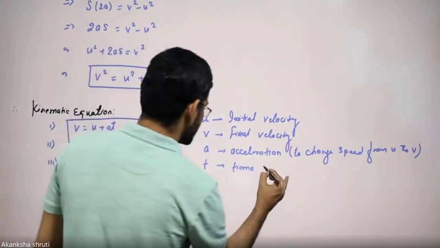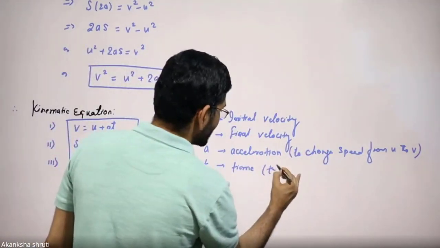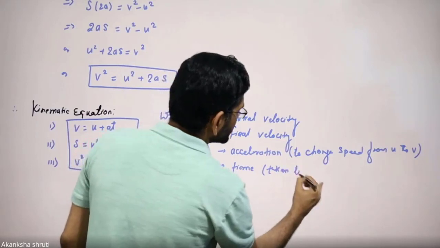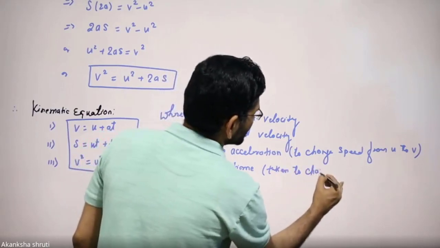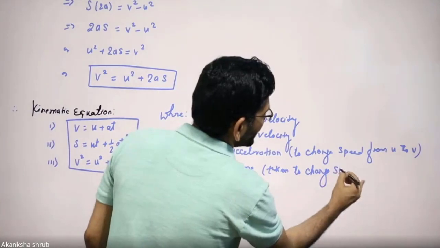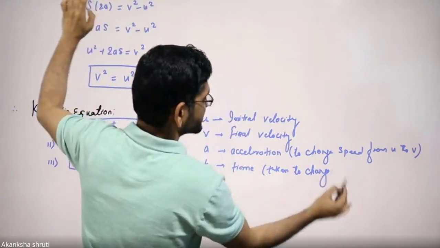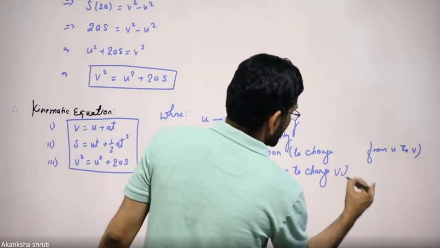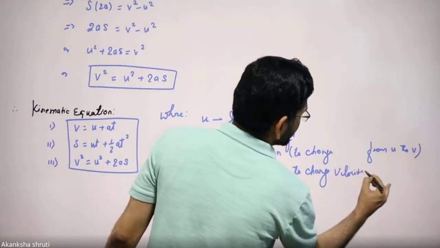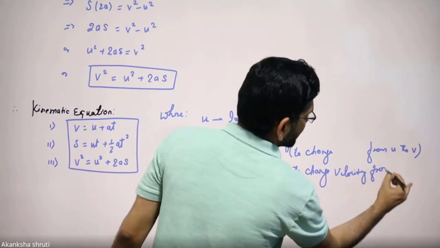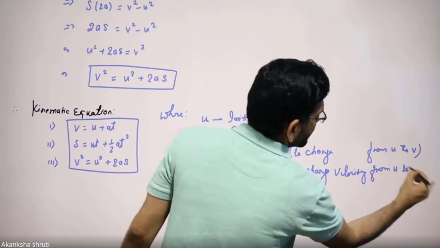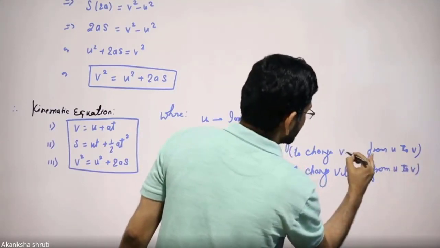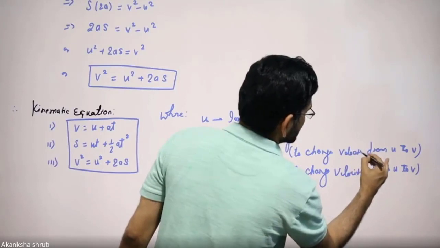Also, this is the time taken to change speed, or rather velocity, that is the better term in these two cases, to change velocity from u to v. Okay, students, a very important thing to understand.